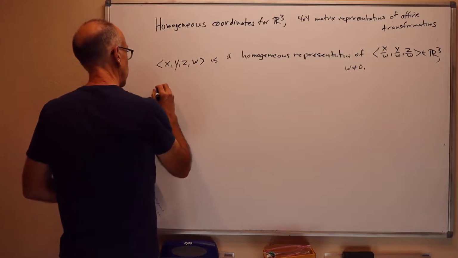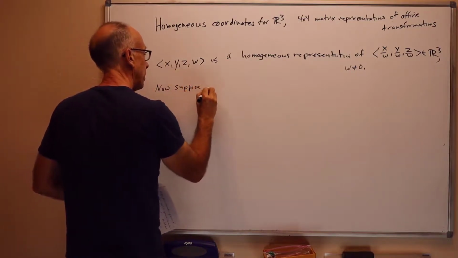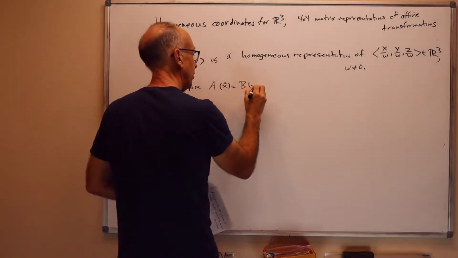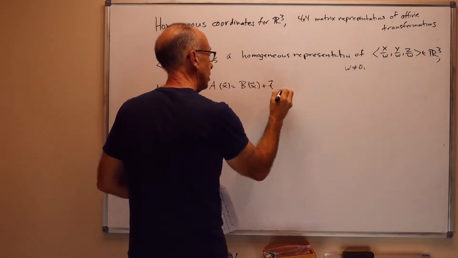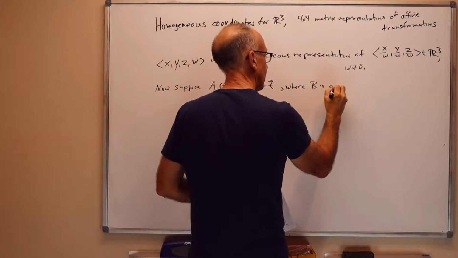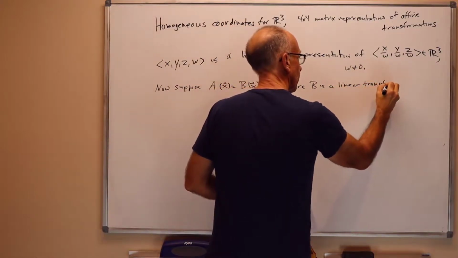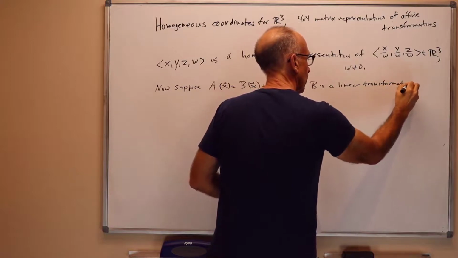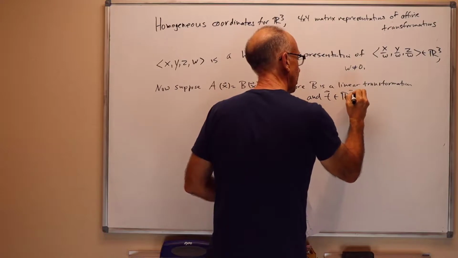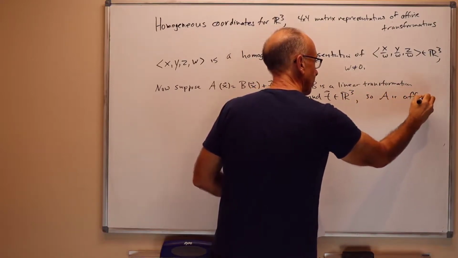So now suppose that A is affine. So A of x equals B of x plus t, where B is a linear transformation and t is a vector in R3, so A is an affine transformation.